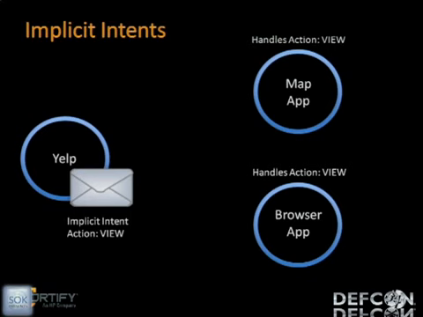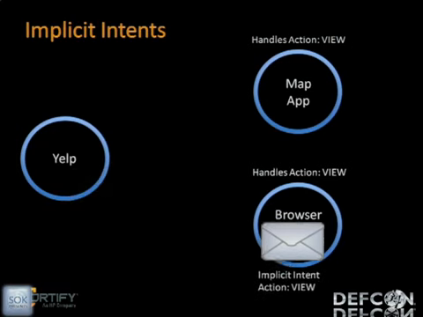In a couple cases, there may be more than one application that can handle this action. Depending on the type of the requesting component, either the user will be prompted to choose what the receiving application should be, or the system might decide what that application should be, or the system will deliver it to all possible recipients that can receive that particular action. So in this example, let's say the system will deliver this intent to the browser application instead.